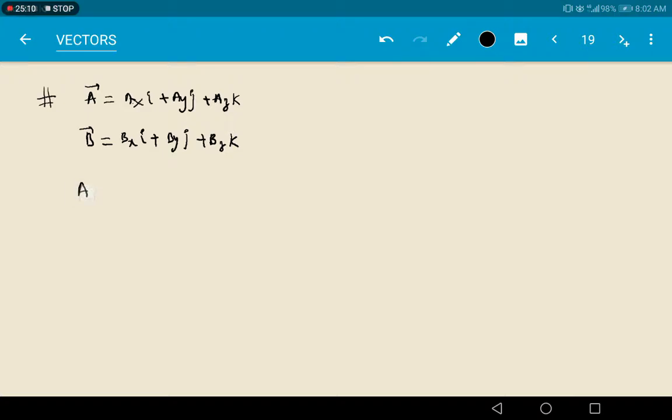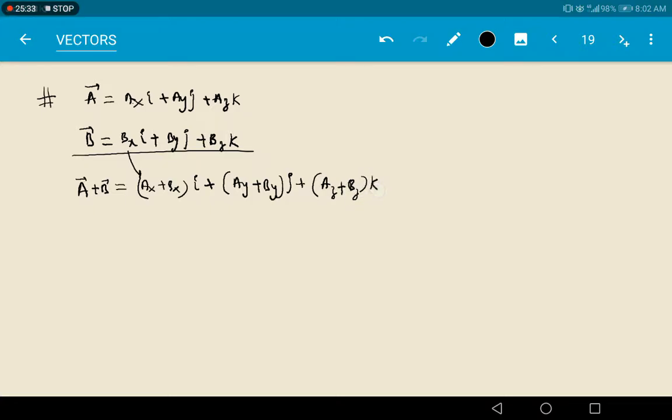Therefore we can write a bar plus b bar as ax plus bx of i, only x components to be added, ay plus by of j, y components, az plus bz of k.